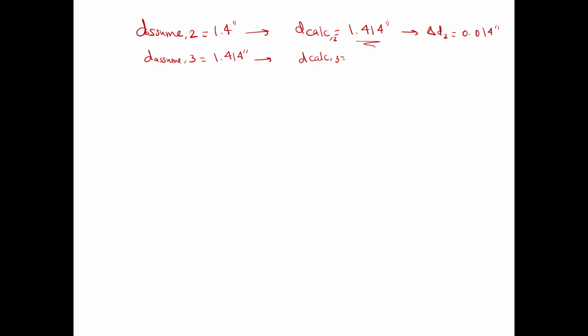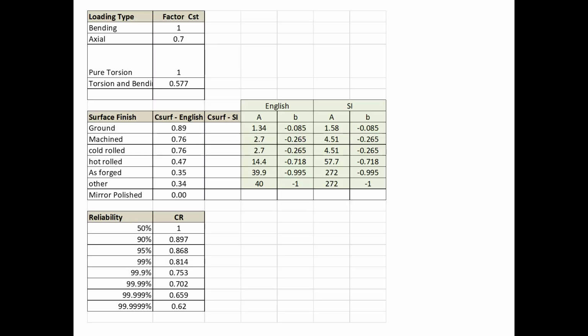So I'll be sharing that, but before we do that, if you can input these values, and those are the correction factors for the loading, C surface. We only need actually this and this. These will depend on the SUT value, so don't enter these, we'll enter the equation. And then we have the reliability table.